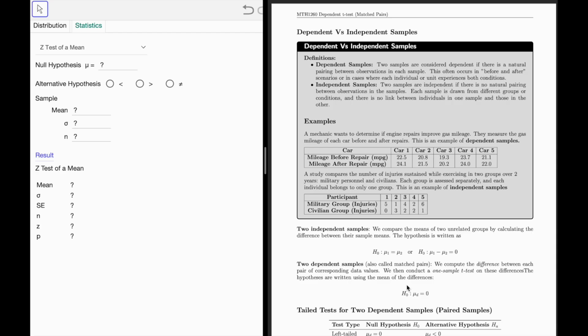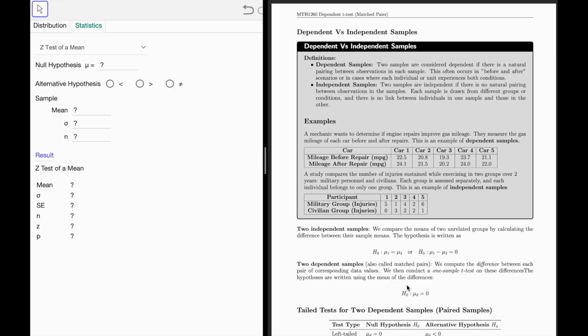So the hypothesis tests are written using the mean of the differences. Now, besides different notation in the hypothesis and having to subtract the matched pairs to find the differences between one point in one sample and another point in the other sample, all the 5 steps of the hypothesis test are going to remain the same.